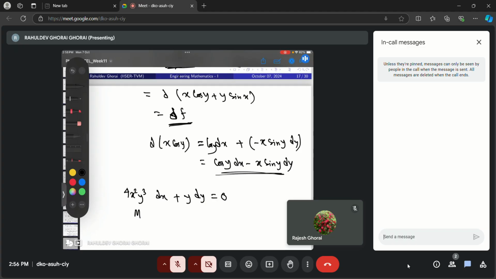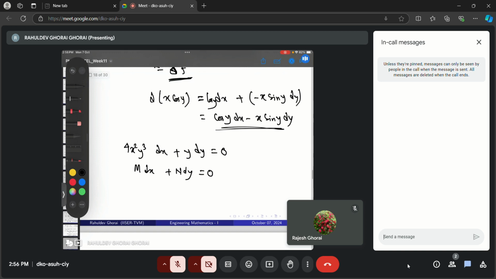So you can see this is M dx plus N dy is equal to 0. If you write del M del y, then that will be 4x square times 3y square, which is nothing but 12x square y square, right?